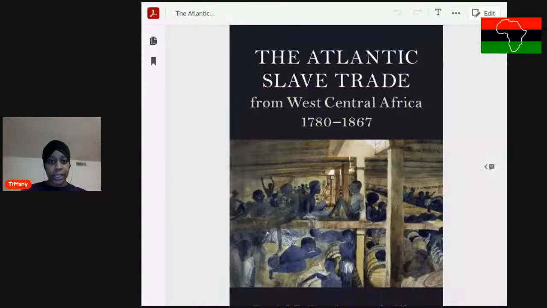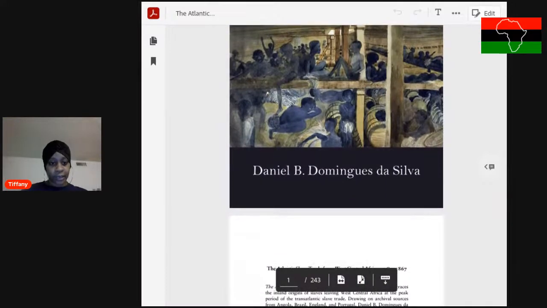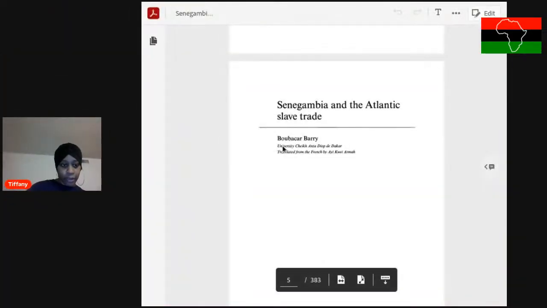This one is called The Atlantic Slave Trade from West Central Africa, 1780 to 1867, which is by Daniel Domingues da Silva. And then this other one I have is Senegambia and the Atlantic Slave Trade by Boubacar Barry.